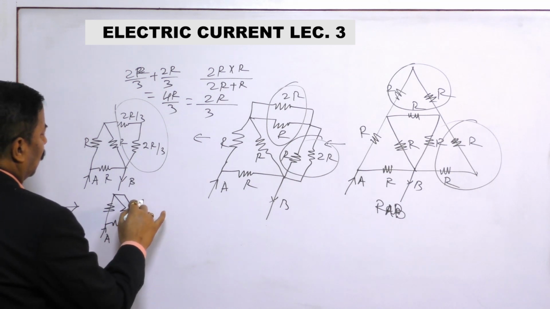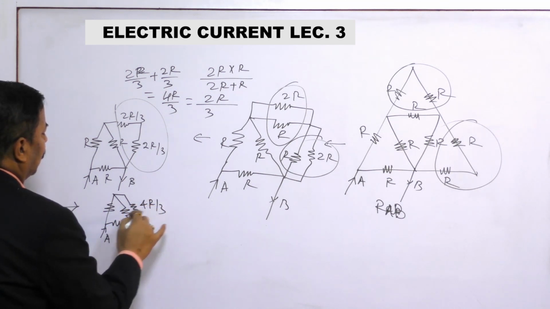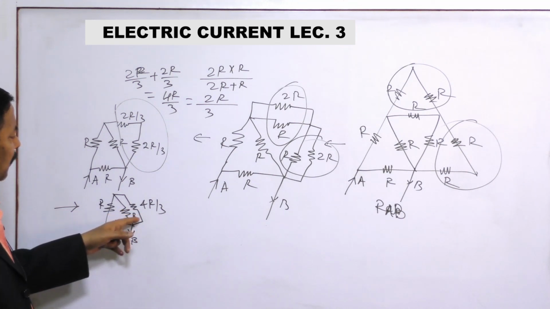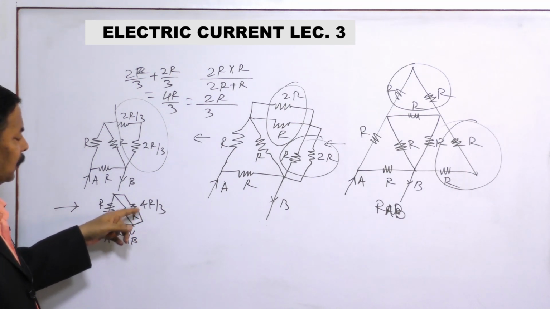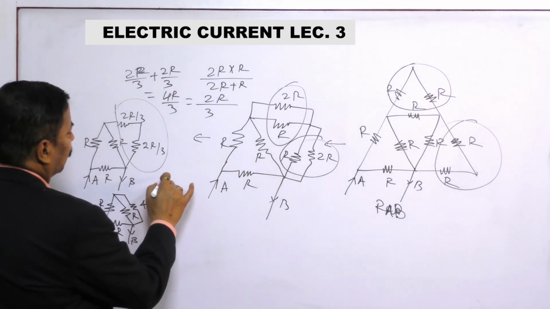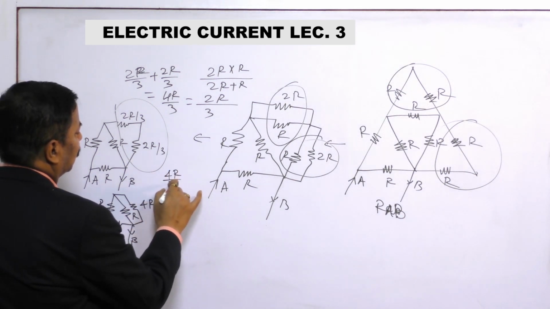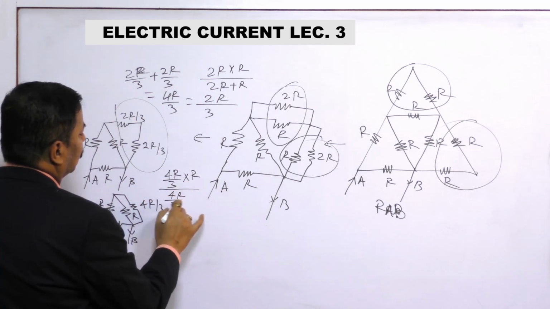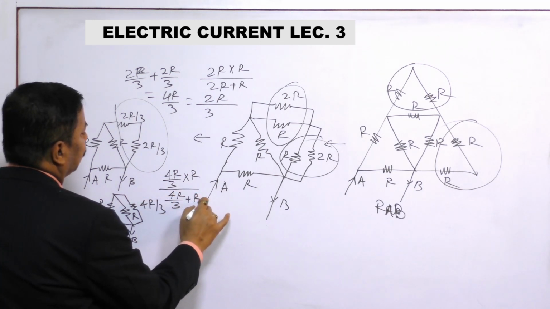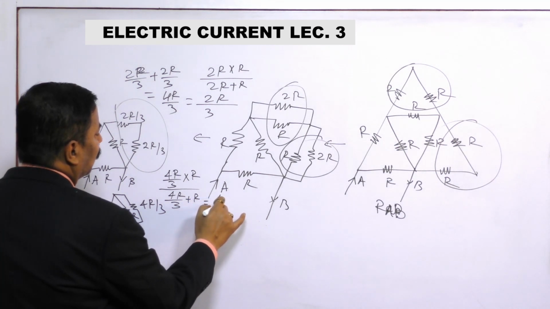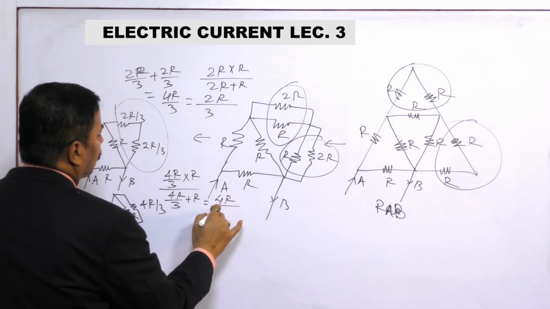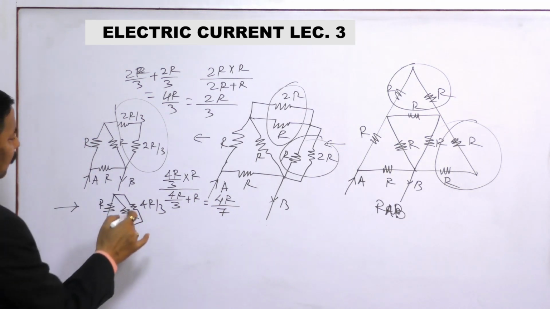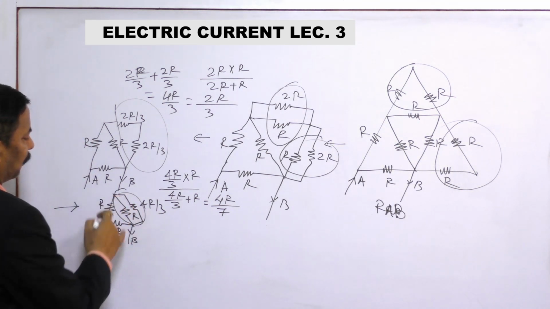This is your 4R by 3, R, R, R. So 4R by 3 and R are in parallel. Again product by sum: 4R by 3 into R by 4R by 3 plus R. This gives you 4R by 7 for these two resistors.